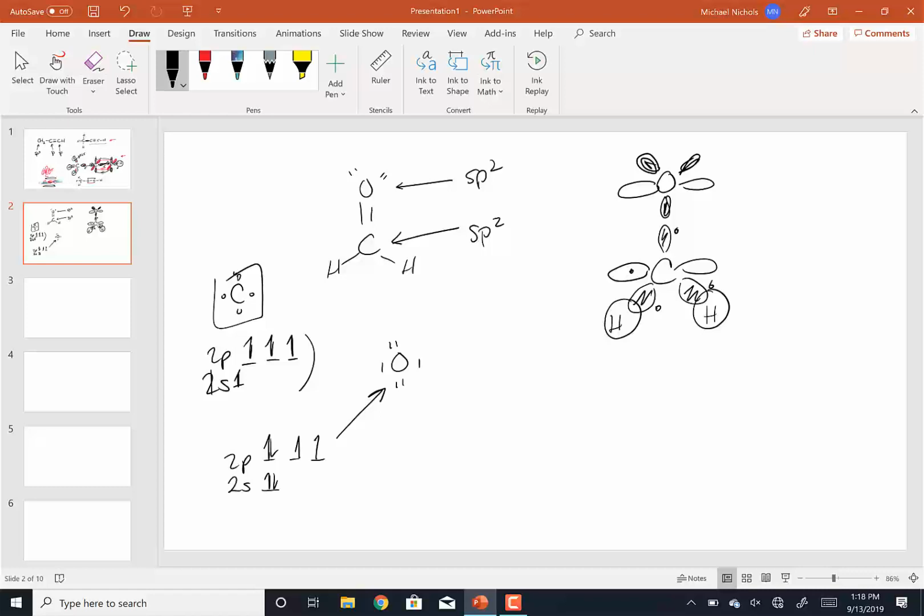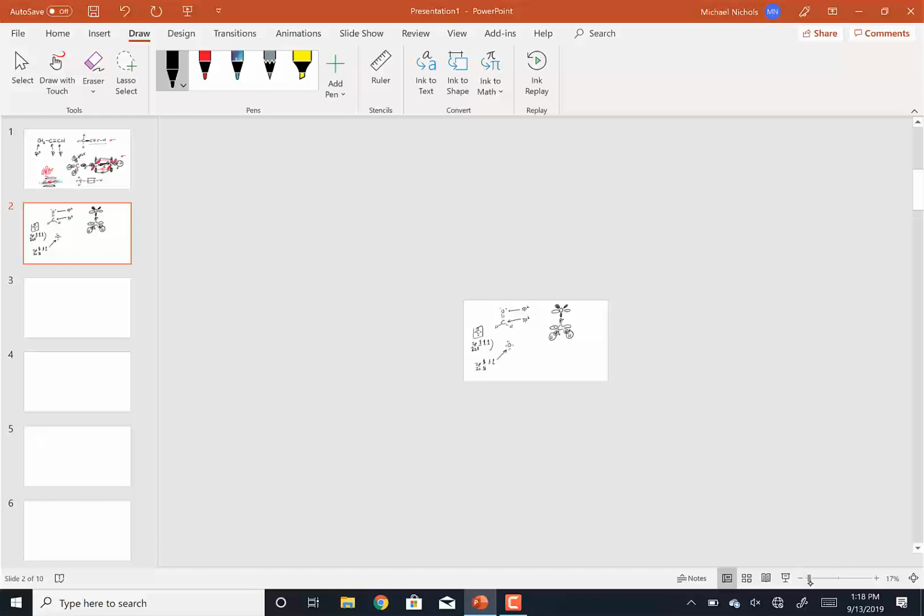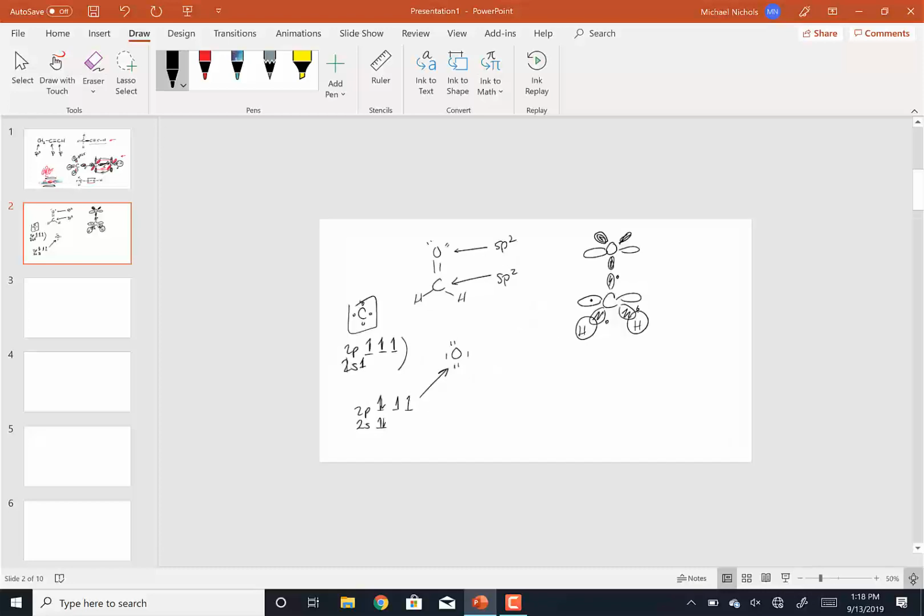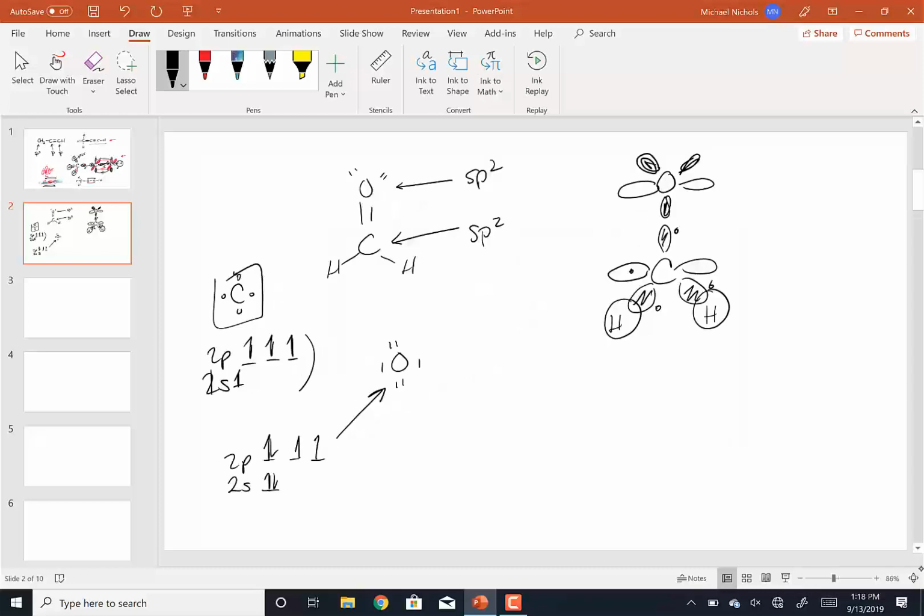So if I follow those rules, and also follow my Lewis dot structure, I'm going to have one unpaired electron here to pair up with the carbon, and then I'm going to have my other two lone pairs in the hybrid orbitals, and I can only put an unpaired electron into the p orbital.